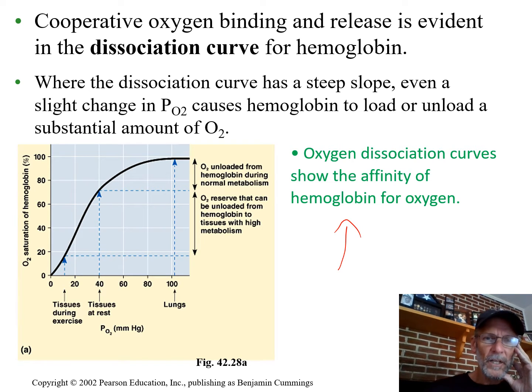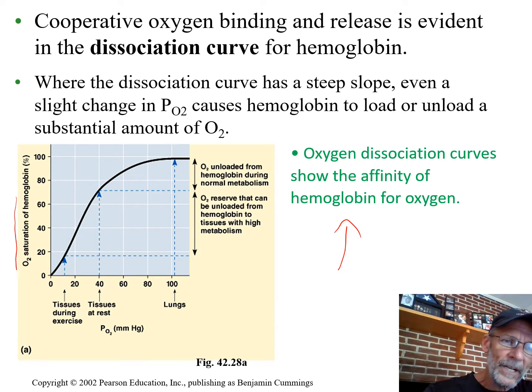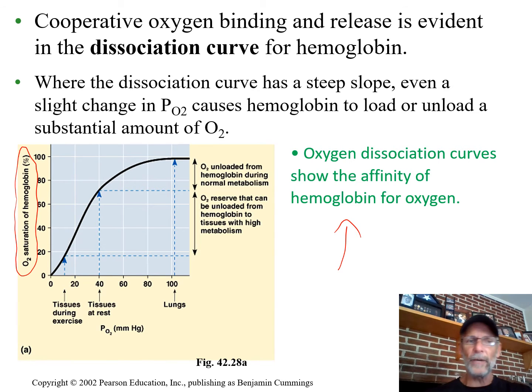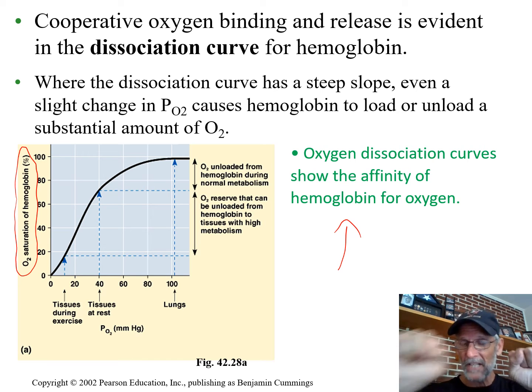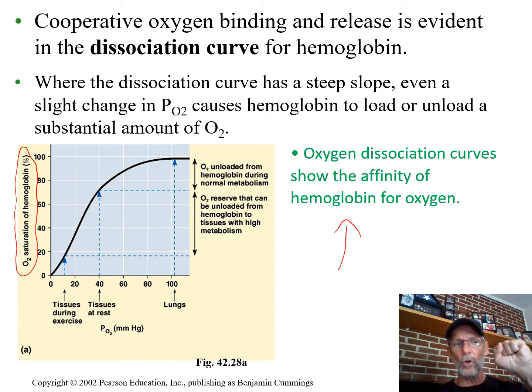optional unit. So maybe someday I'll teach this again, but I'm going to do it real fast here because they might show you this graph as part of a story and ask you, can you read graphs and things like that. So what is the dependent variable here? What percent of hemoglobin is saturated with oxygen? That means it's carrying all 4, because that's as many as one hemoglobin molecule can hold.